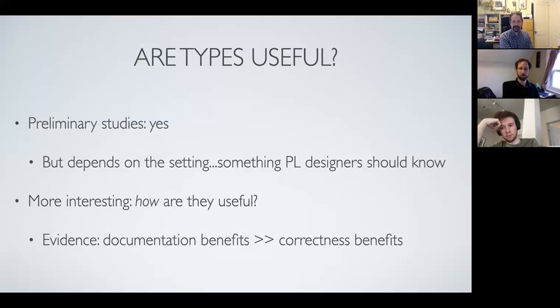The bugs you find with types are often quite small, but the ability to understand a library quickly because of types might be much larger. Many of the studies that show advantages are showing them because there's library usage happening, and so the benefit of documentation starts to show up.